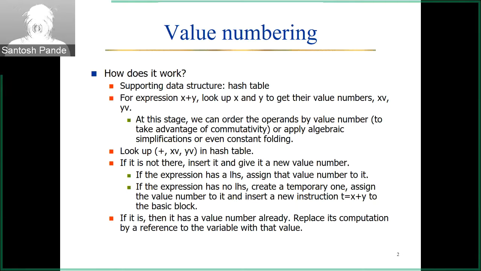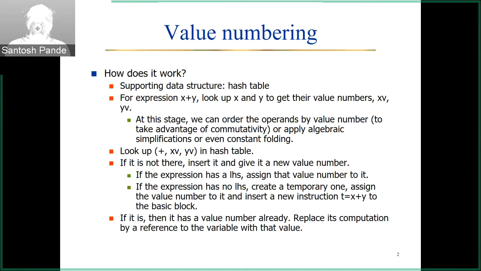So how do we do that? So we use an expression value tree as a representation here, and we use hash table as a lookup data structure here. So whenever we encounter X, let's say we don't have any value number for it, we keep track of the current names and the assignment of the value numbers.